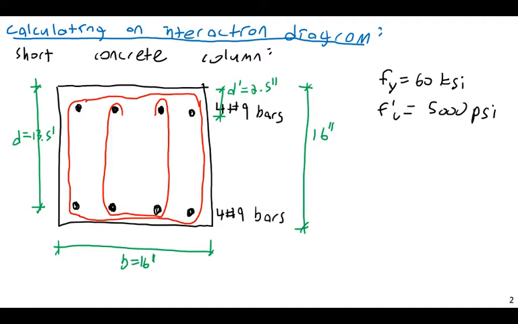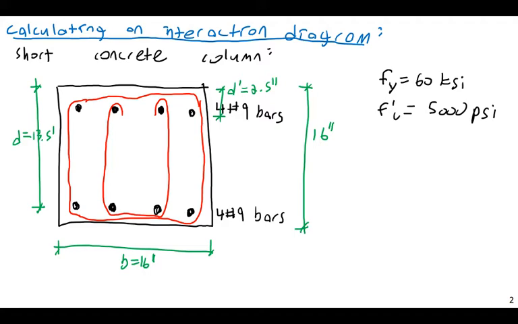All right. And so really that's all we need to know. We have our cross section, we have our concrete stress, we have our steel stress. That should be everything we need in order to calculate our column interaction diagram.